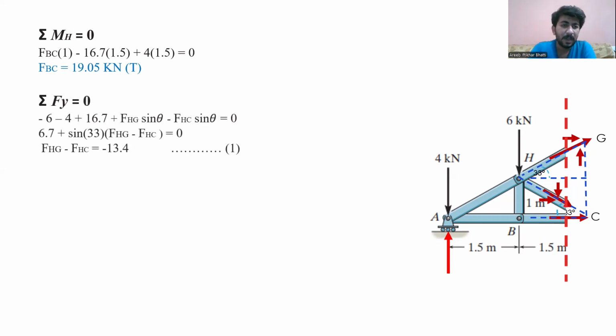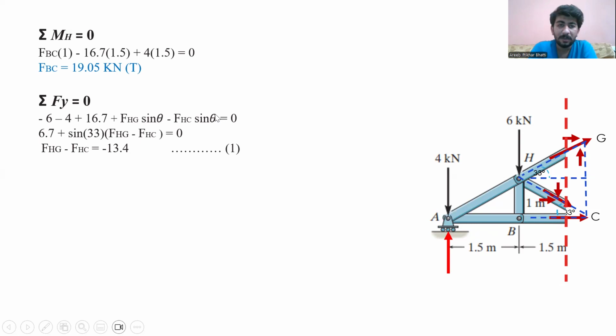And now I am going to apply the term Fy. After applying, we get minus 6 kilonewton force, minus 4 kilonewton force, which is this force, plus 16.7 kilonewton force, which is this force, plus FHG force, which has vertical component sine theta, and negative FHC force, which has vertical component sine theta.